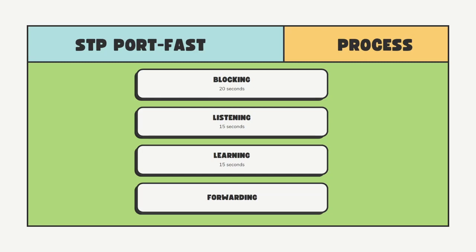So if you want to go faster from blocking to forwarding without going through the learning step, we need spanning tree PortFast. So that is the function of spanning tree PortFast.